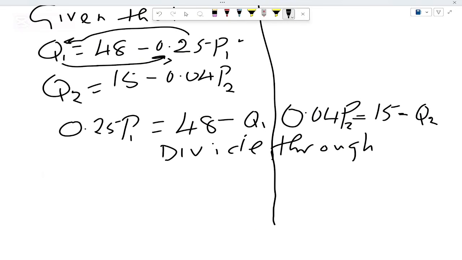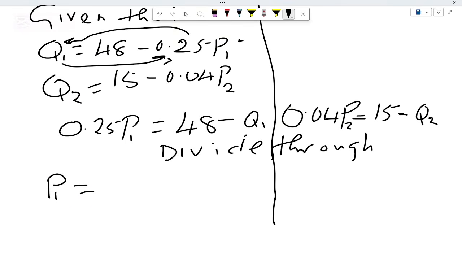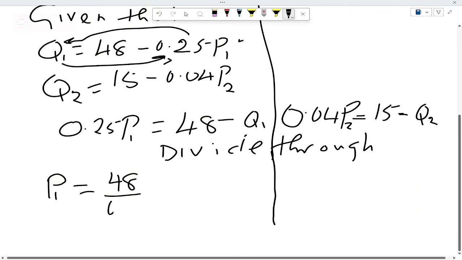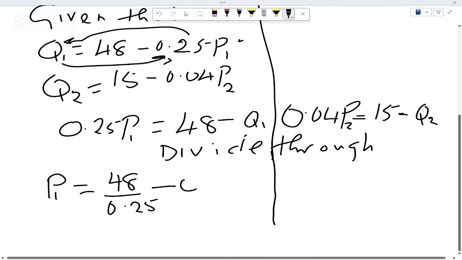So what you have here is P1 equal to 48 divided by 0.25 minus Q1 divided by 0.25.